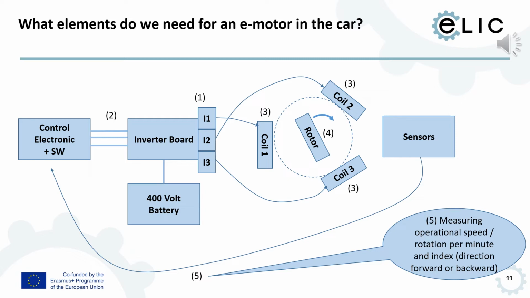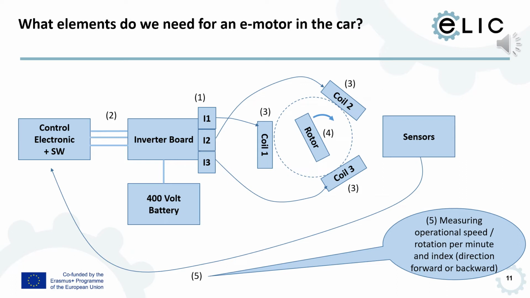Imagine that there is a logic running on the control software, and the control software is actuating I1, I2, and I3 on the inverter board to build magnetic fields around coil 1, coil 2, and coil 3 in a controlled way. But we have to know and measure, of course, the behavior of the motor.